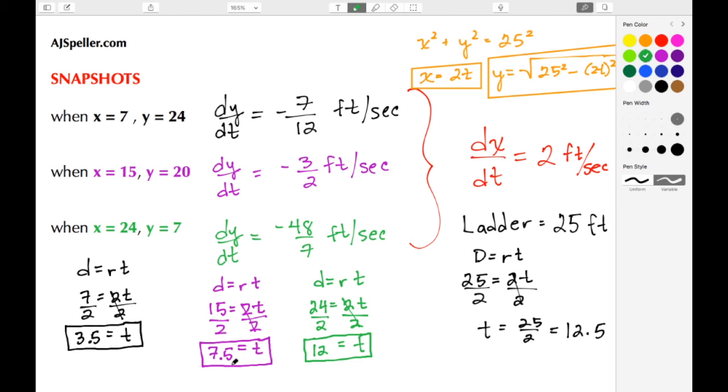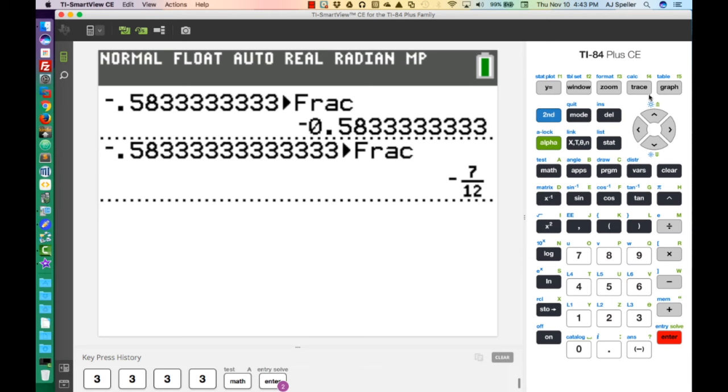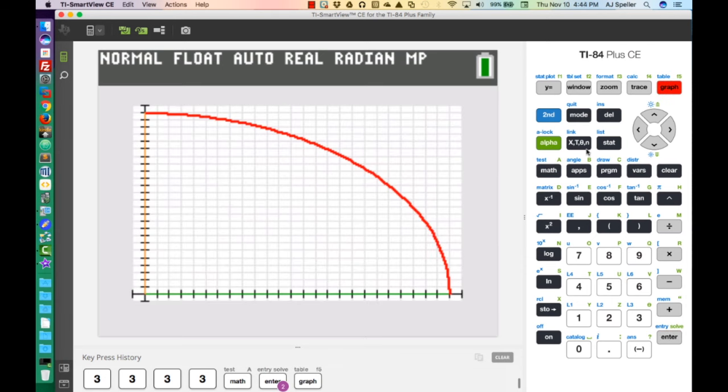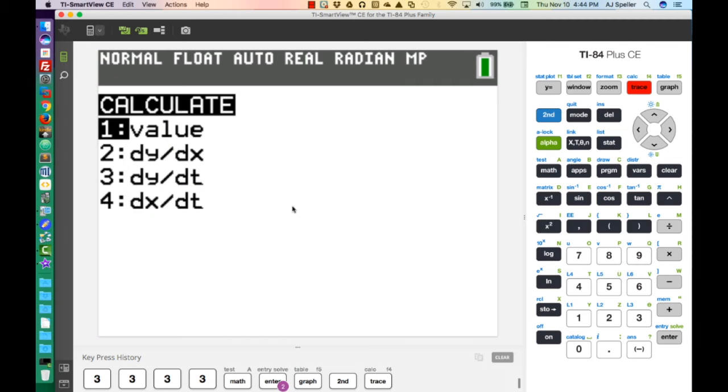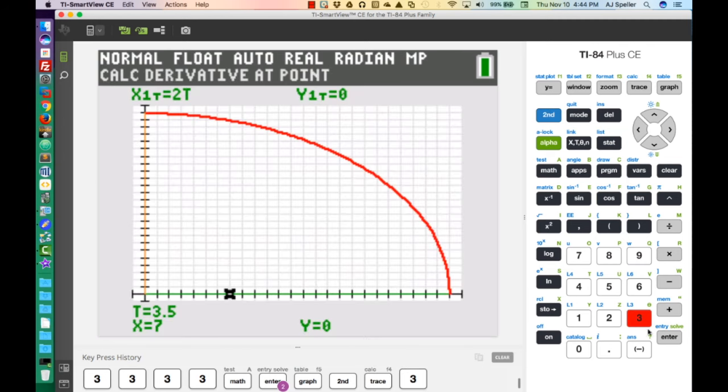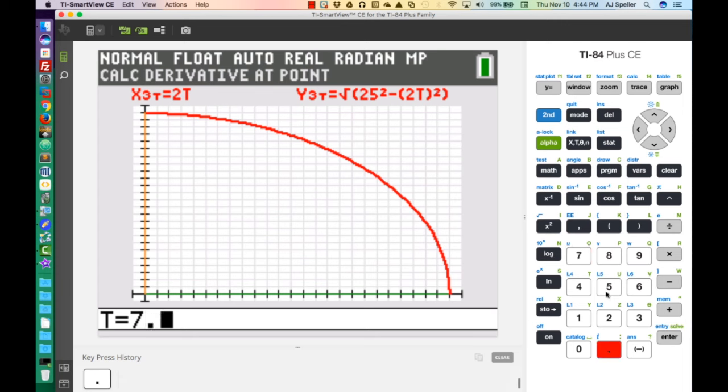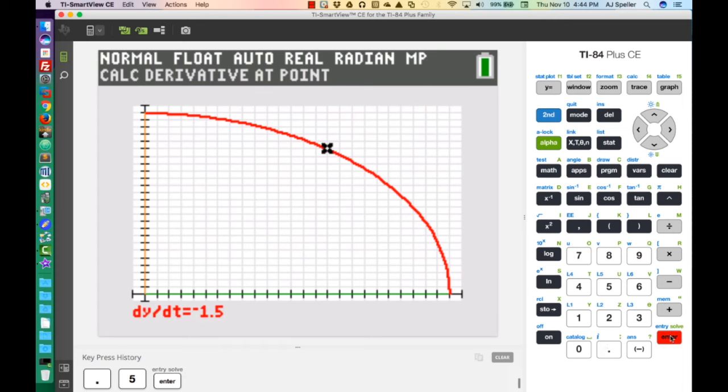Now let's input a time of 7.5. So let's go back. Let's go to graph. Let's type second and then trace. We want number 3 for dy/dt. We want to make sure we're on the red. So we arrow down, and this time we want to use 7.5 and press enter.